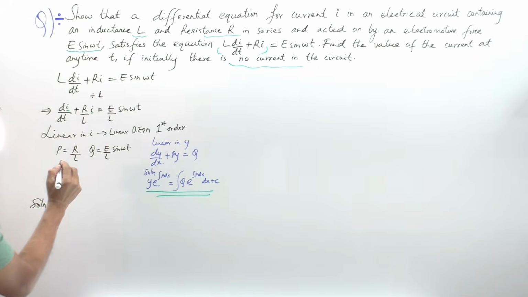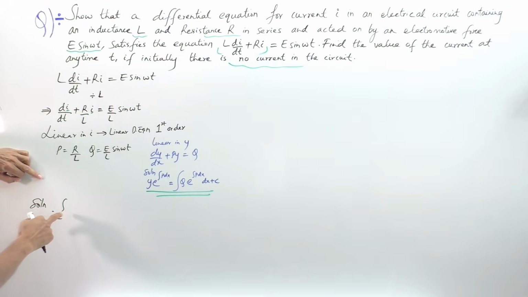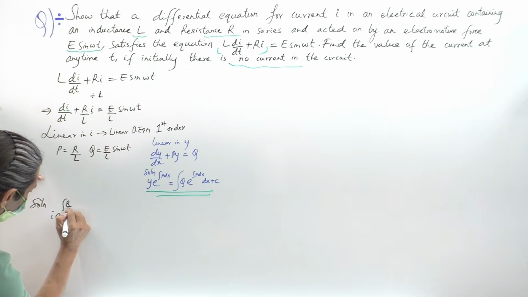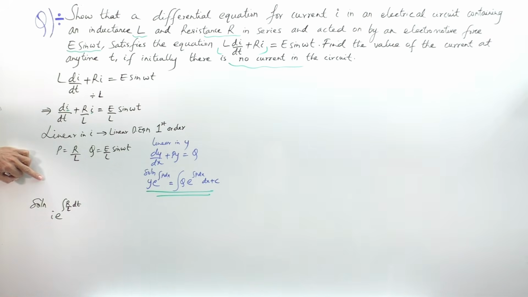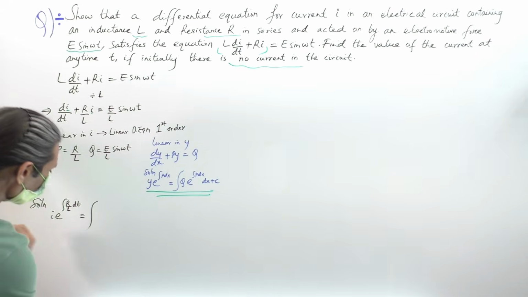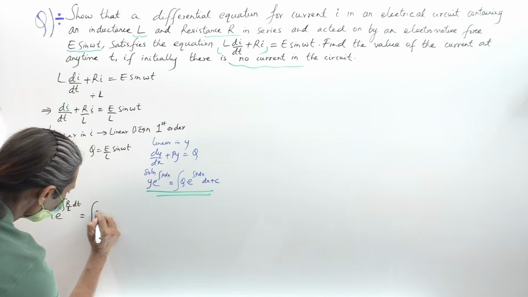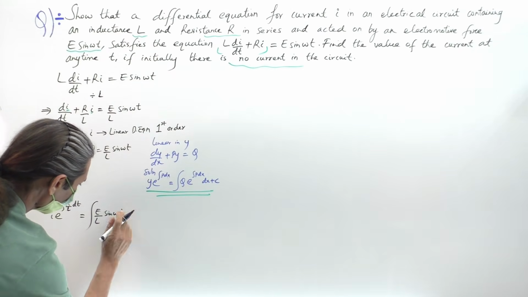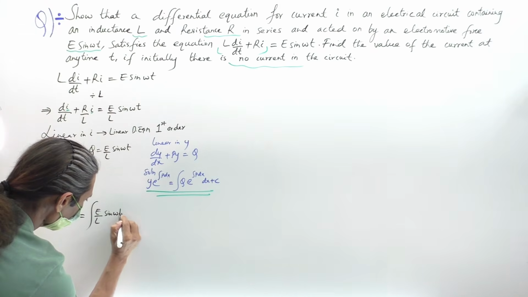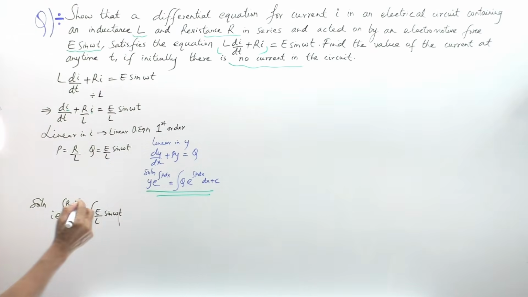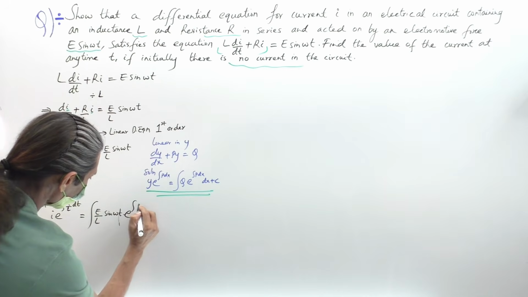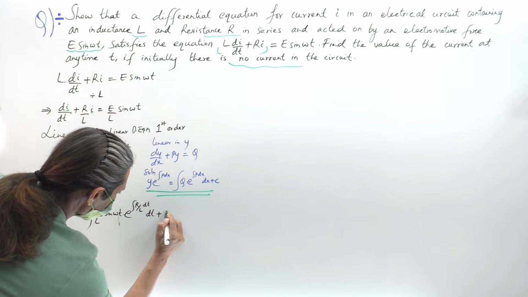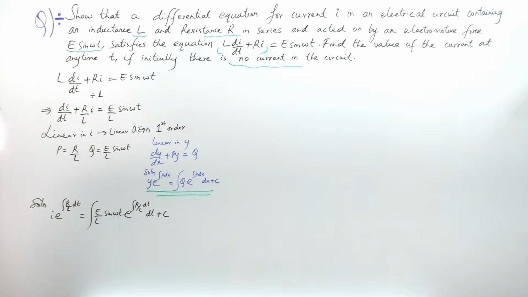Here it is t. Equal to whole integration of E by L sin omega t into e raised to again the same thing, R by L dt, of dt plus c. This is my solution.